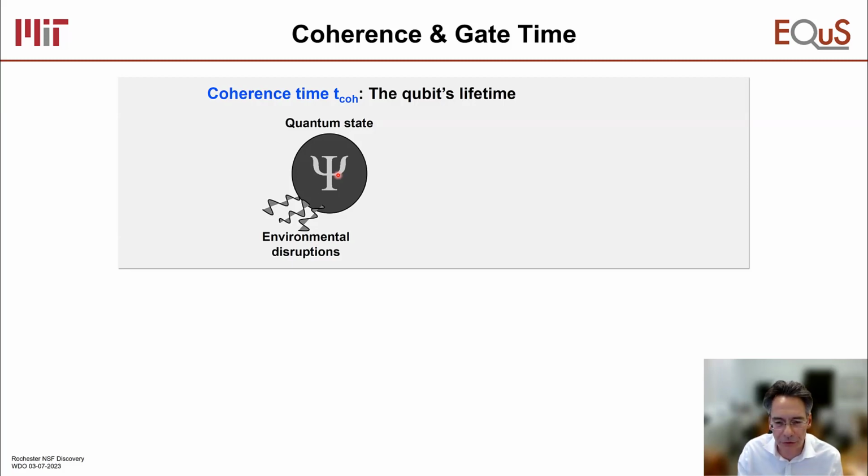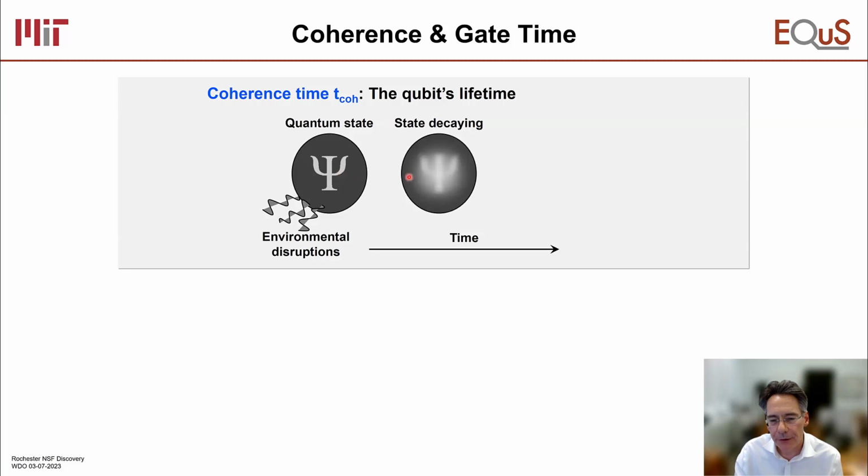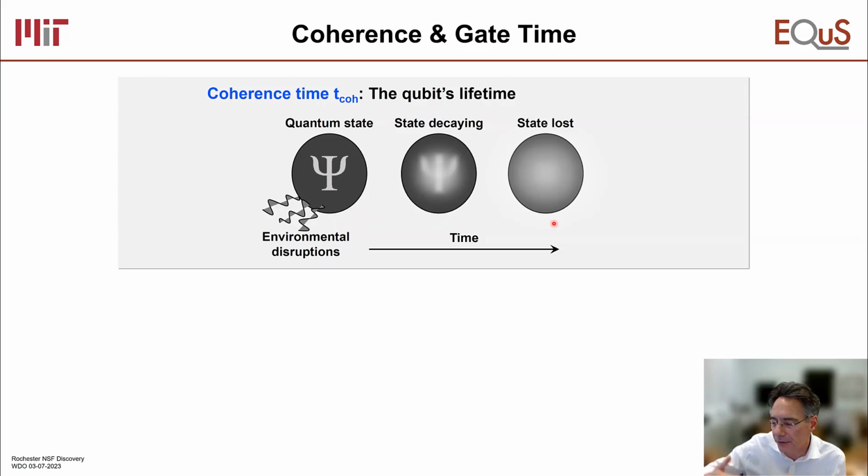And what that means is that over time, this qubit state decays, blurs, and eventually is lost. Now, the qubits aren't gone, they're still there. But what happens is, as a function of time, starting with this perfect state psi, what I predict the state to be, given the operations that I'm performing, ends up deviating from the actual state of the qubit, because it's not just responding to my pulses, it's also responding to the environment.